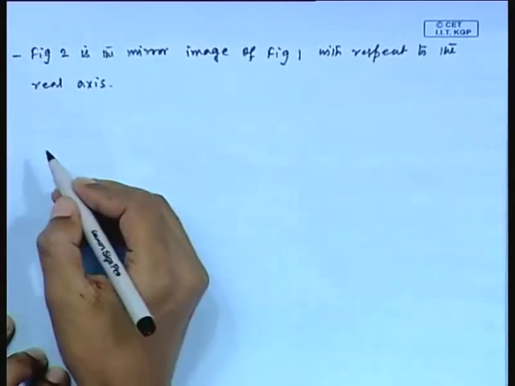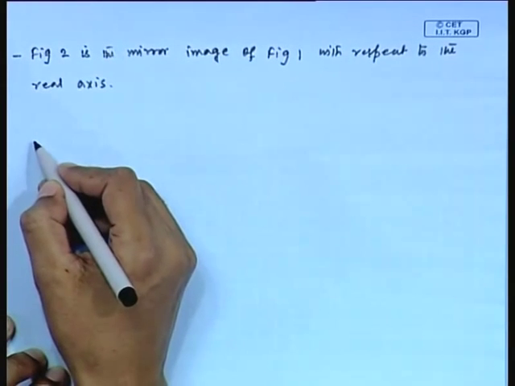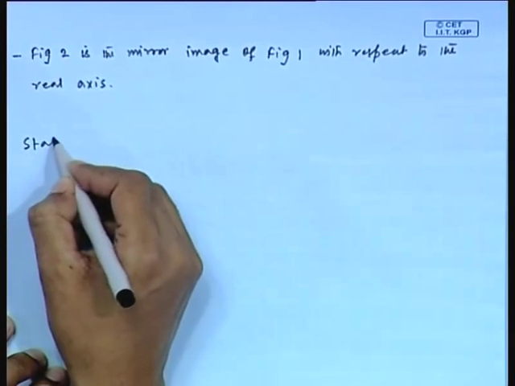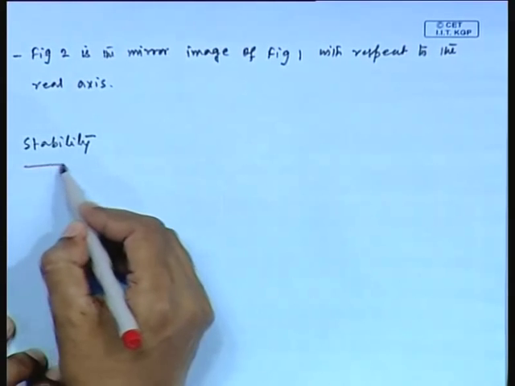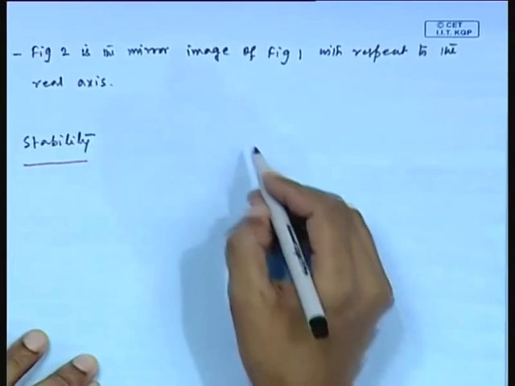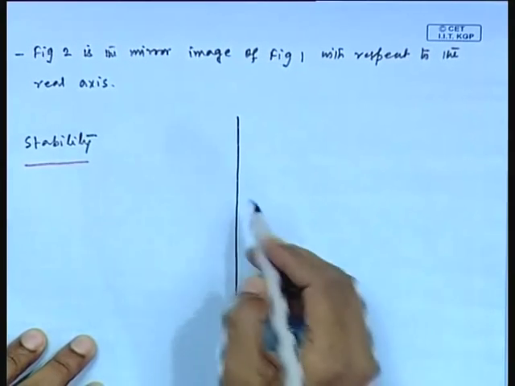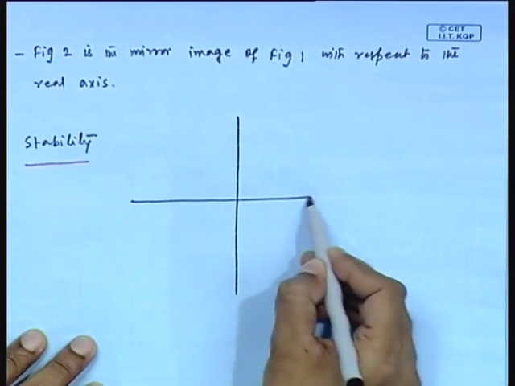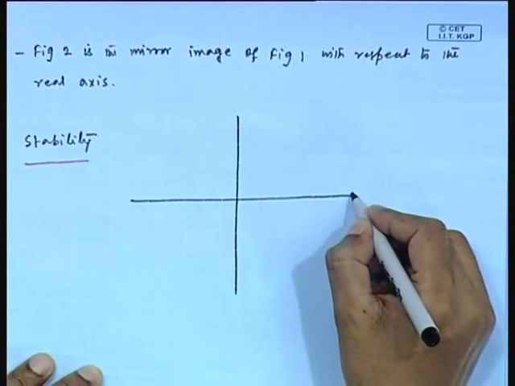In the next step we will perform the stability analysis, and for that we will combine the two figures, I mean figure 1 and figure 2, so that we can show the polar plot with varying omega from minus infinity to infinity.